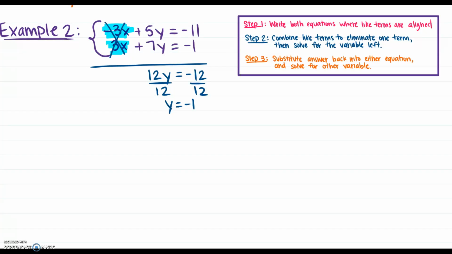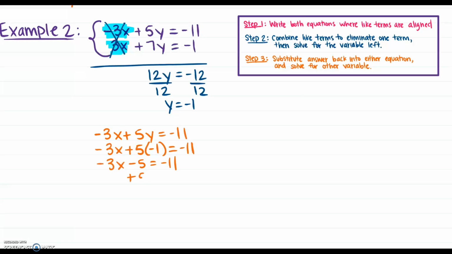Then in step 3, I'm going to substitute that back in for either equation. So we have negative 3x plus 5y equals negative 11. So instead of y, I'm going to plug in my negative 1 and solve. So I have negative 3x minus 5 equals negative 11.